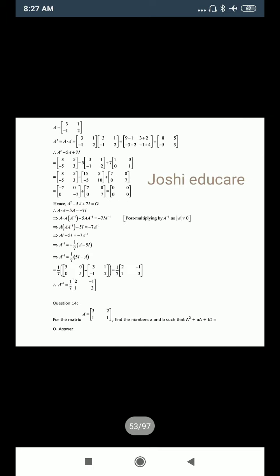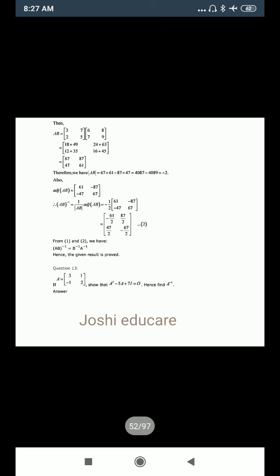Most of the questions are similar in this chapter, so try only a few of them. Once you are confident that you can calculate inverse or adjoint, you need not try many questions. Kindly ensure that you are able to find the inverse of a matrix.